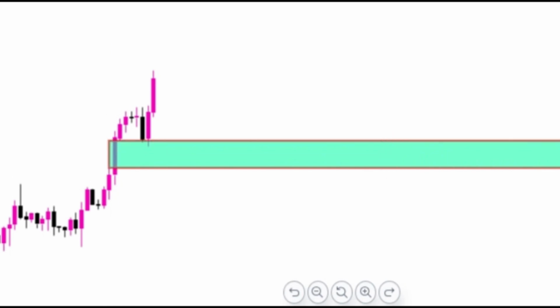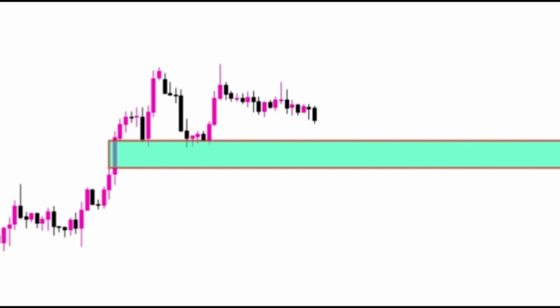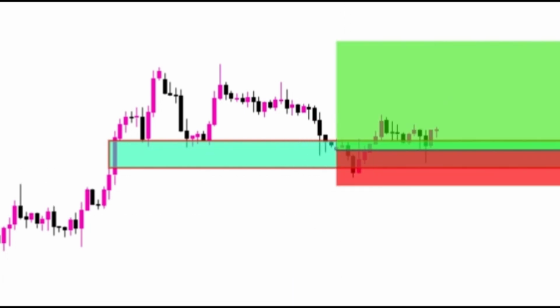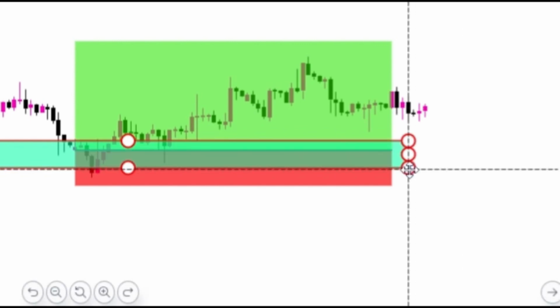After seeing these FVGs forming, we should wait for the market to reach this gap in order to take a buy position. The market made a pullback and reached this fair value gap. And then the market reversed, and thus it continued its uptrend.